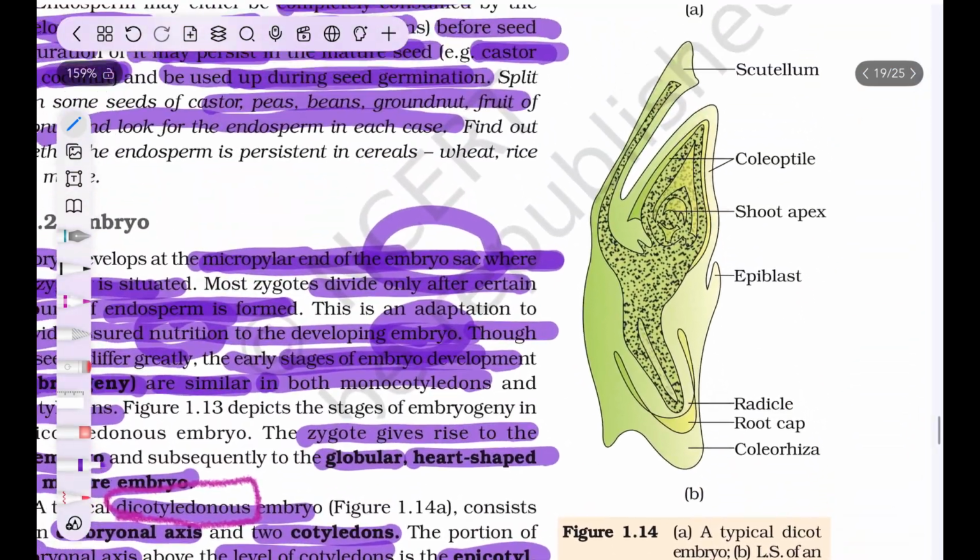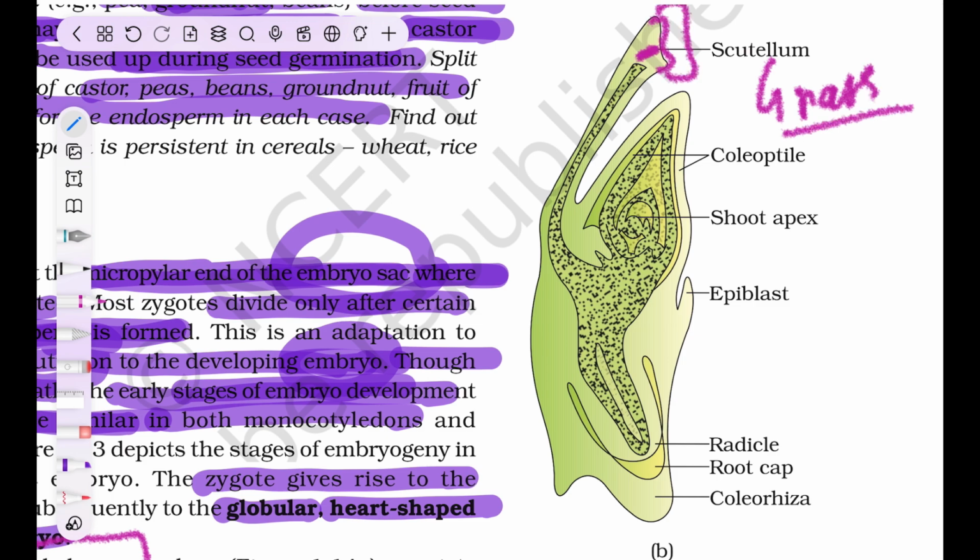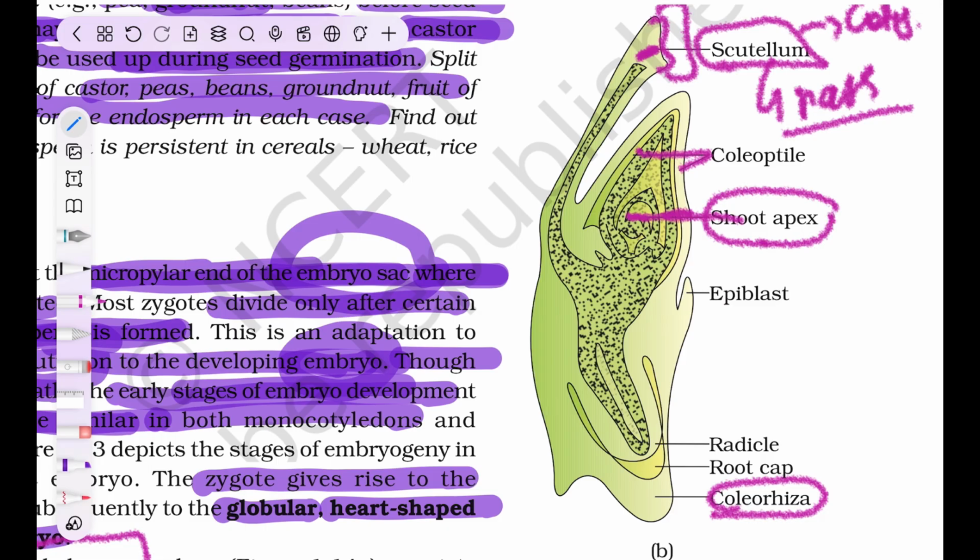For example, this is a monocotyledon embryo that belongs to the grass family. The scutellum present on one lateral side is the cotyledon of the monocotyledon. This is the coleoptile and this is the coleorhiza. What is the coleoptile? It covers the shoot apex, the plumule. The coleoptile and coleorhiza are protective layers.